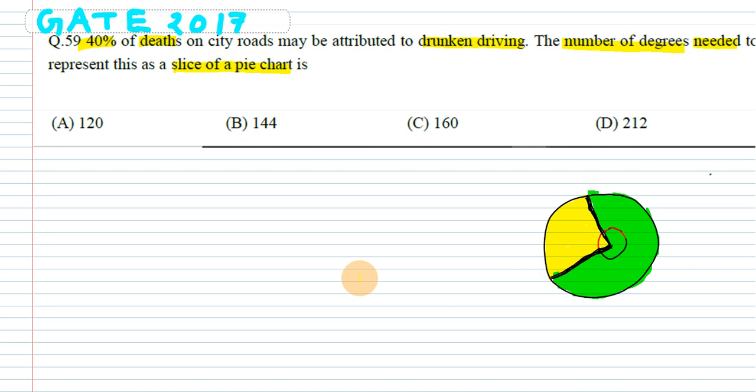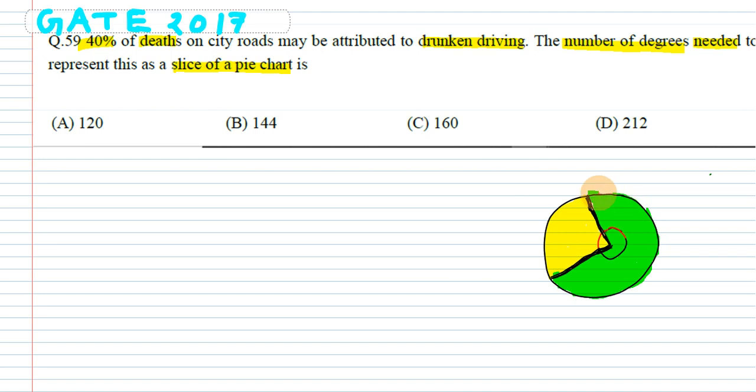I think everybody knows about the pie chart, and this is basically a pie chart. A pie chart is used to represent data, just like a graph does. They have given 40% deaths caused by drunken driving.